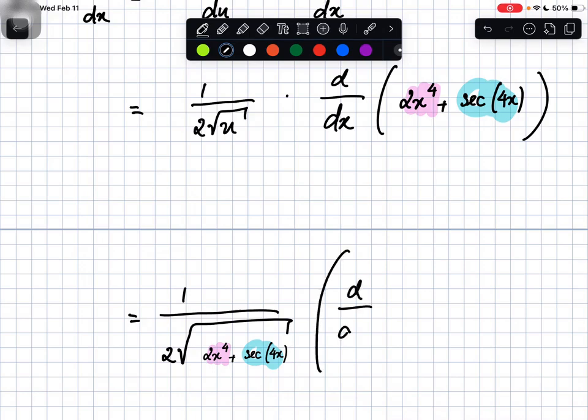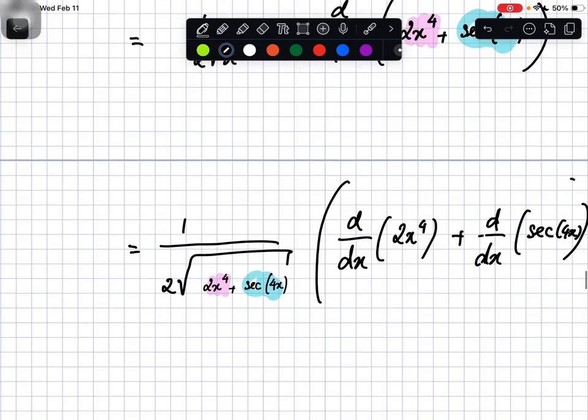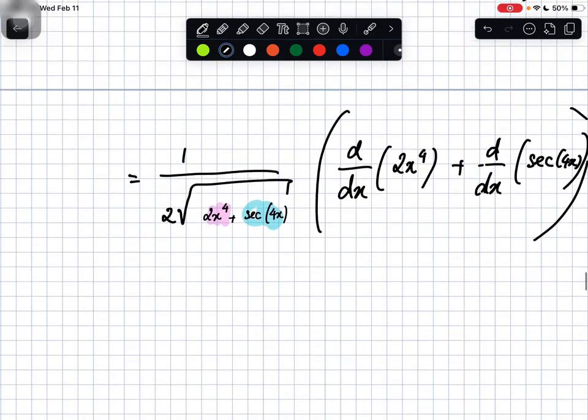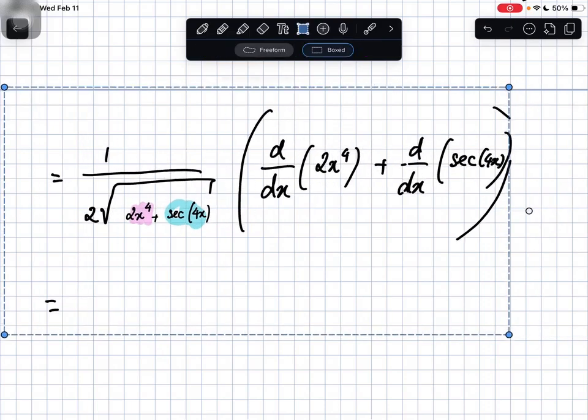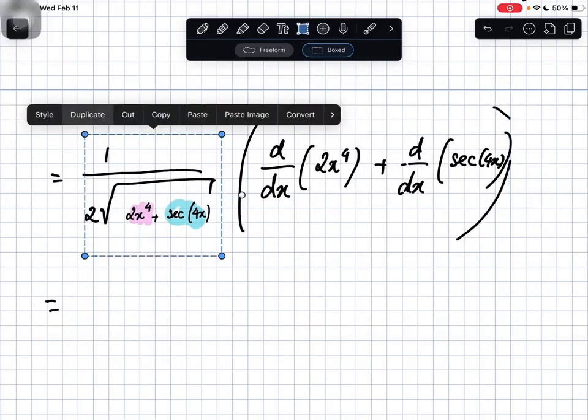So d over dx of 2x^4 plus d over dx of secant 4x. The first one here we will keep the same.